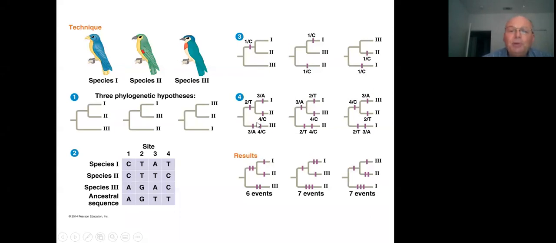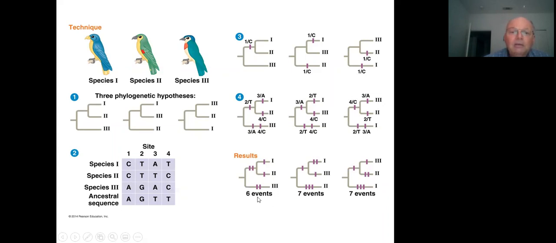And we go through and we put marks on the various branches representing the different changes that have occurred. Then we take a look at the 3 phylogenetic trees and we ask ourselves, which is the simplest explanation and which requires the fewest changes?